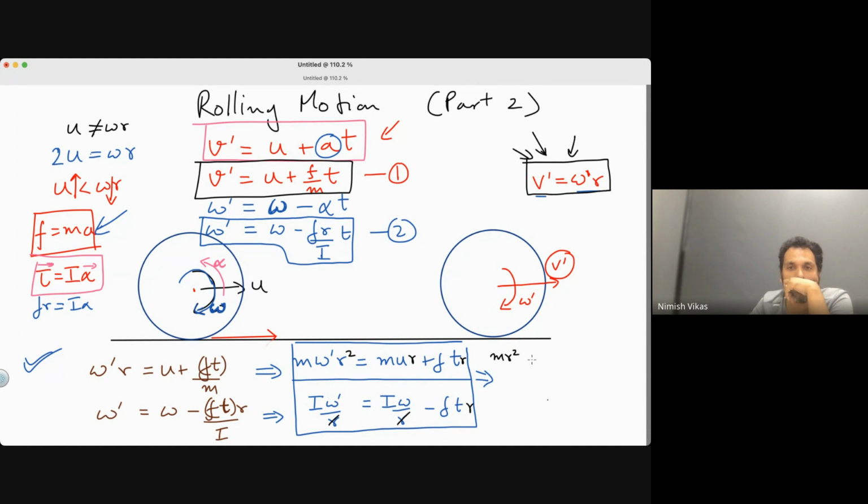So M R square plus I, which is I C N, omega dash is equal to M U R plus I omega. So much by so much is your answer.